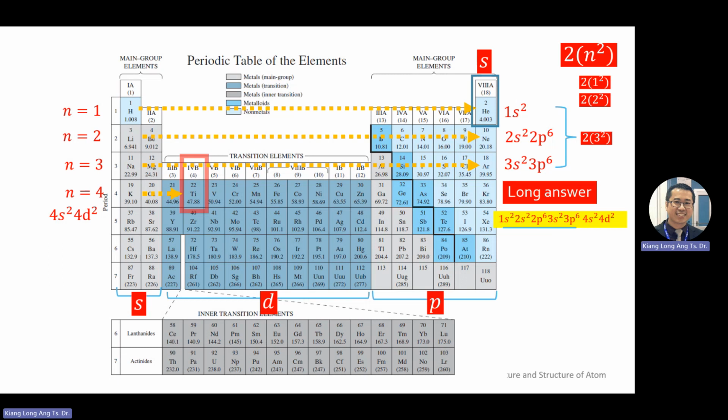Number 3, you need to complete 1, 2, so 3s2. Then 1, 2, 3, 4, 5, 6, 3p6. Titanium again, this one is 4. 4s2, complete this one already, 1, 2. So 4p what? 2. And that's the answer.